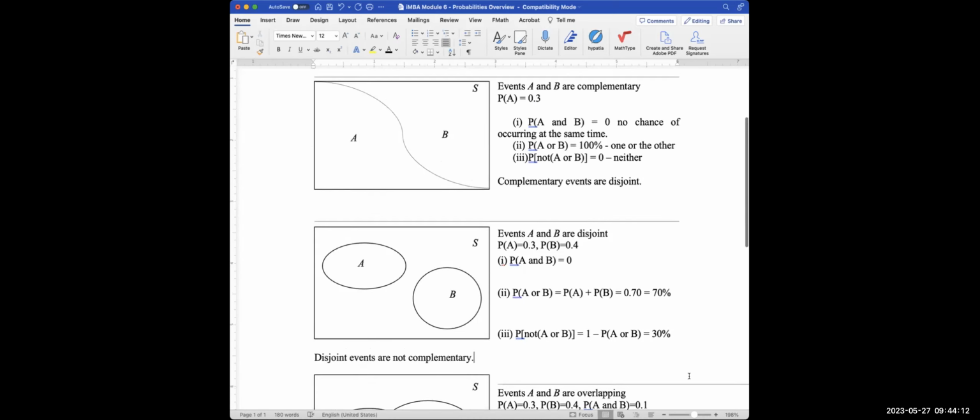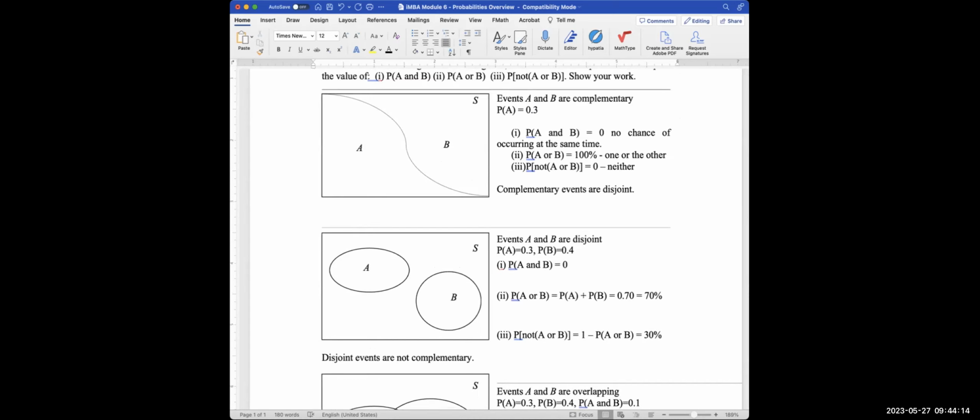Okay, no questions so far? I'm going to move these a little closer together to get everything on one page. So I have two other relationships that we're going to discuss.